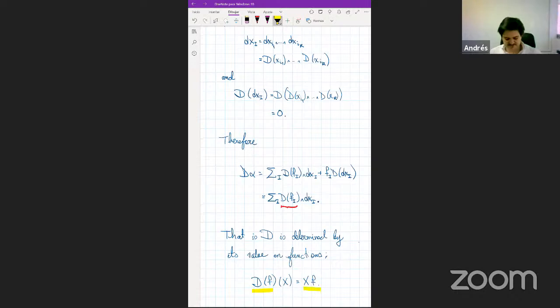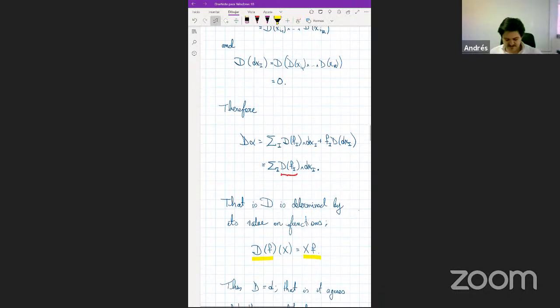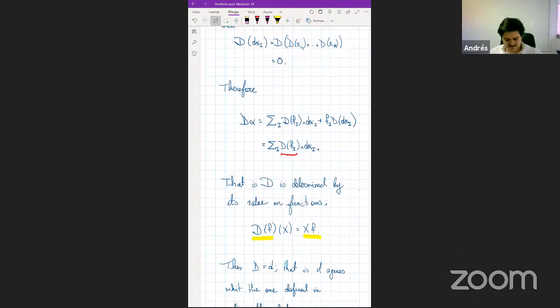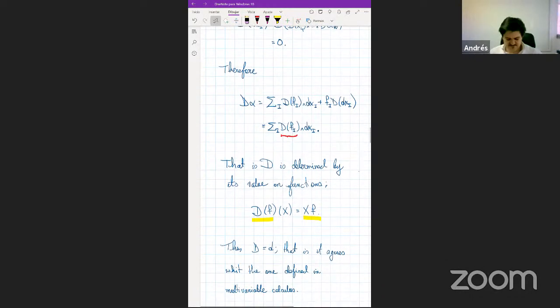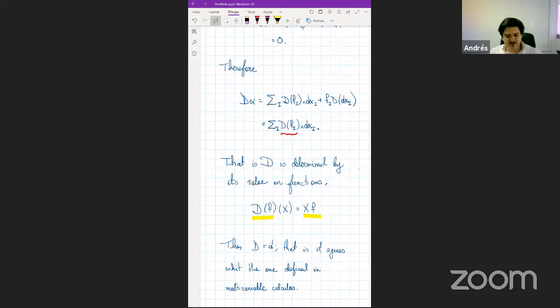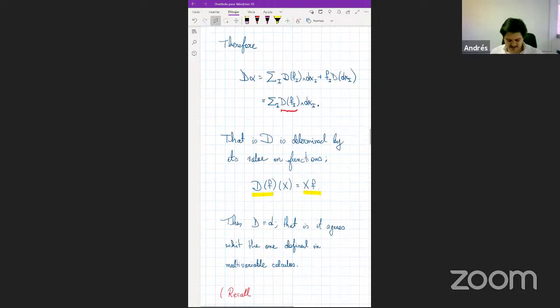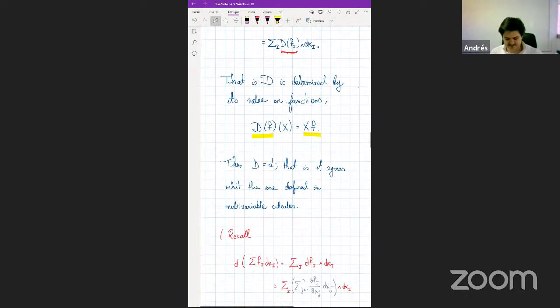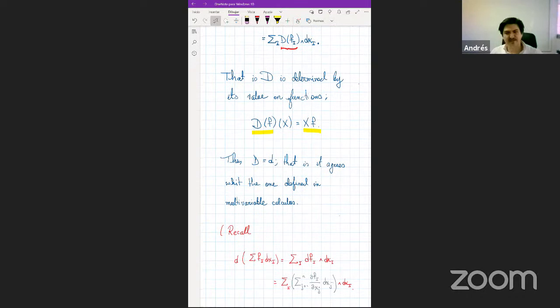Okay. So we get that D is exactly the one that we saw before in multivariable calculus. This one here.